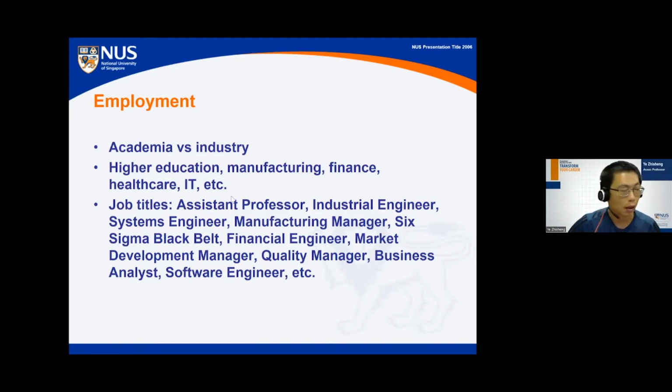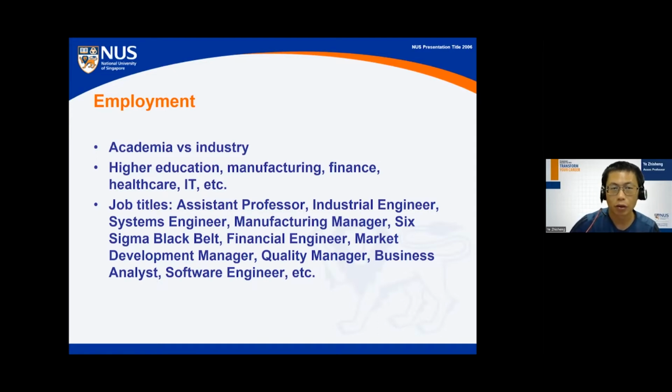PhD graduates from our department are quite successful in academia. They have become faculty members in China, in Australia, in Europe, and also in the US.